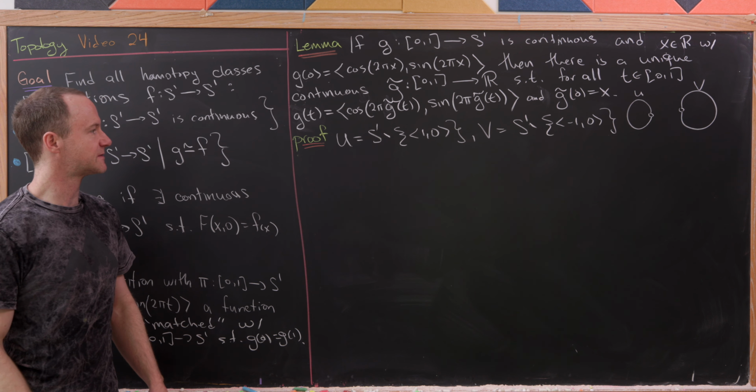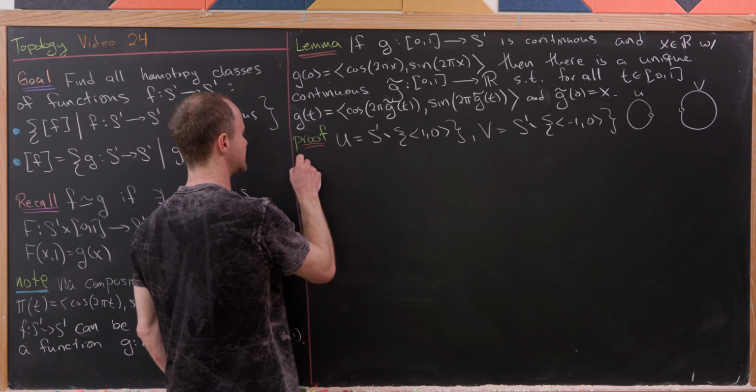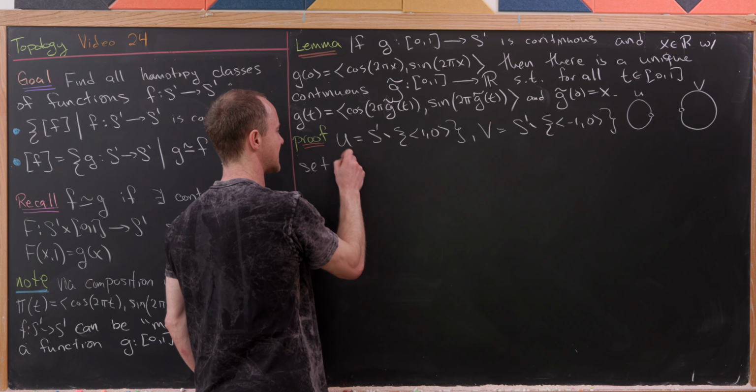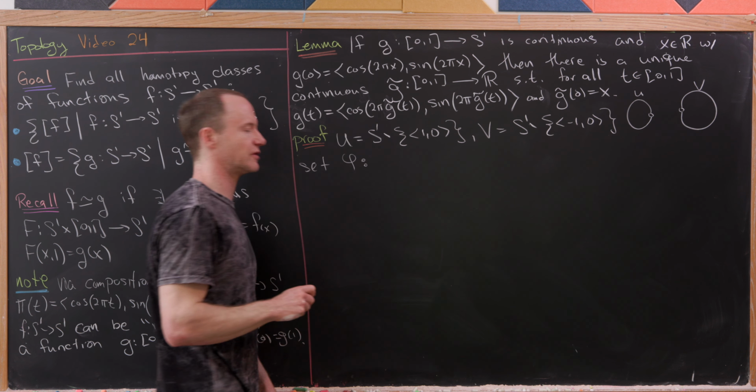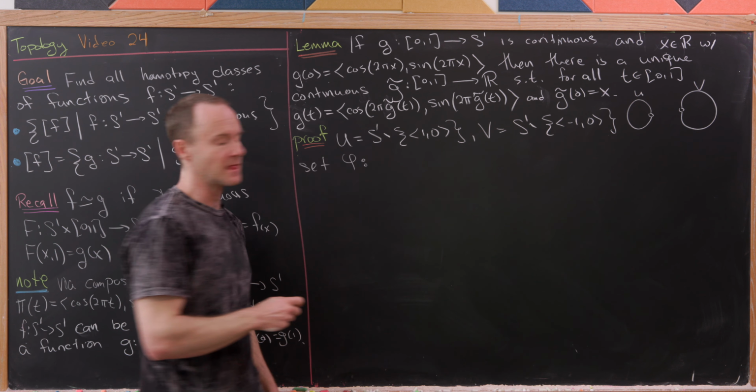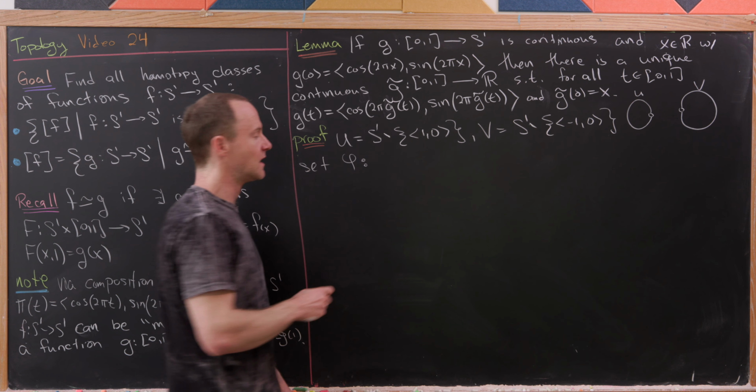Okay, nice. And then just for the sake of notation, let's go ahead and set phi. I don't think this is standard notation, but we use phi here to go from R to S1, defined as phi of t equals (cosine of 2 pi t, sine of 2 pi t).